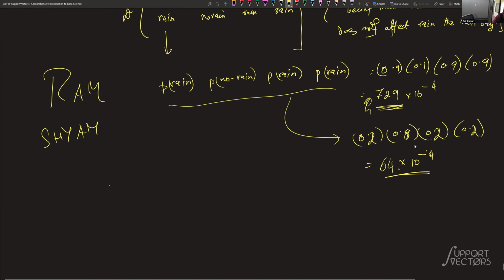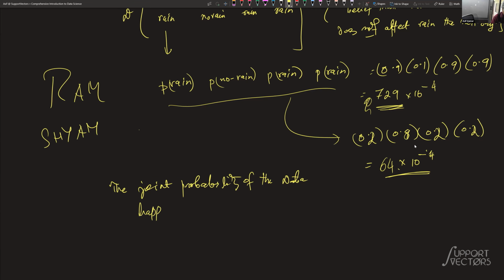The joint probability of the data happening given a hypothesis H, right, is basic. This is what it is.